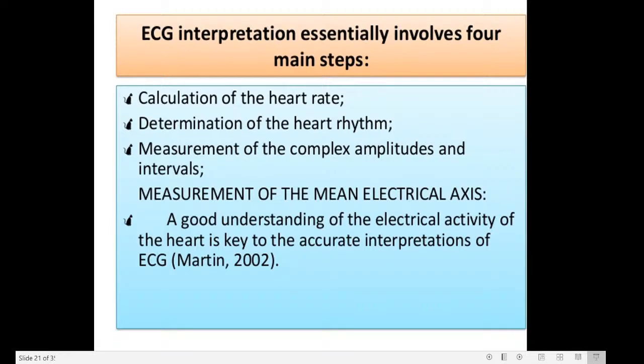The first step is calculation of the heart rate. The next steps are heart rhythm detection, measurement of complex amplitude and intervals, and measurement of the mean electrical axis. That is a very important thing.